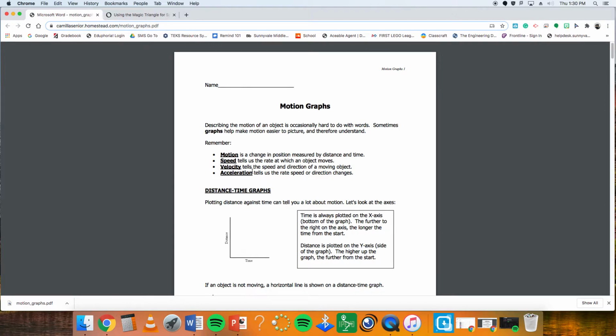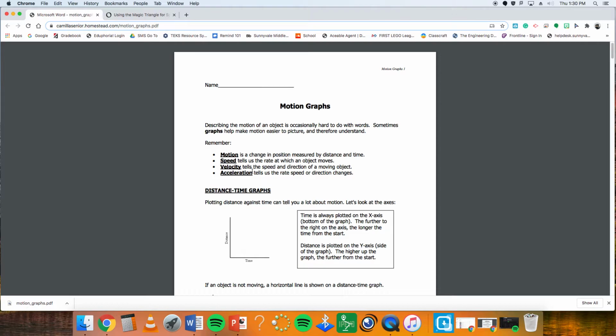So speed would be 60 miles an hour, and turning that into a velocity, 60 miles per hour east or north or west. So velocity tells us the speed and the direction of an object, and speed tells us the rate at which an object moves. So make sure you can differentiate between the two of those.